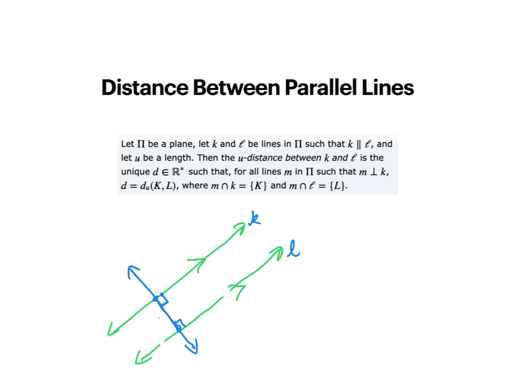And then, of course, I know it's also perpendicular to L, because if a line is perpendicular to one of two parallel lines, it is perpendicular to the other. I'll name this M. And the intersection between M and K is the point capital K. And the intersection between M and L is the point named capital L. Now, the distance between parallel lines is this distance, D. And again, it's non-negative. So we're always measuring the perpendicular distance between lines.